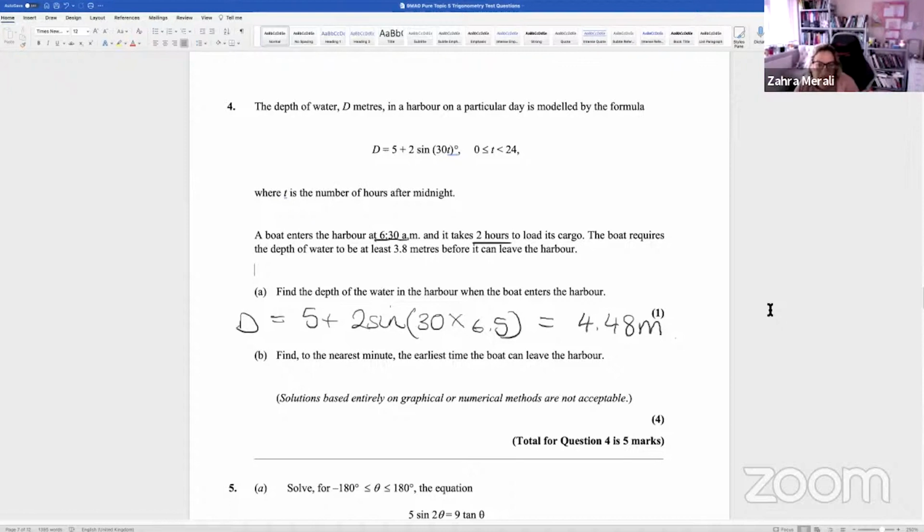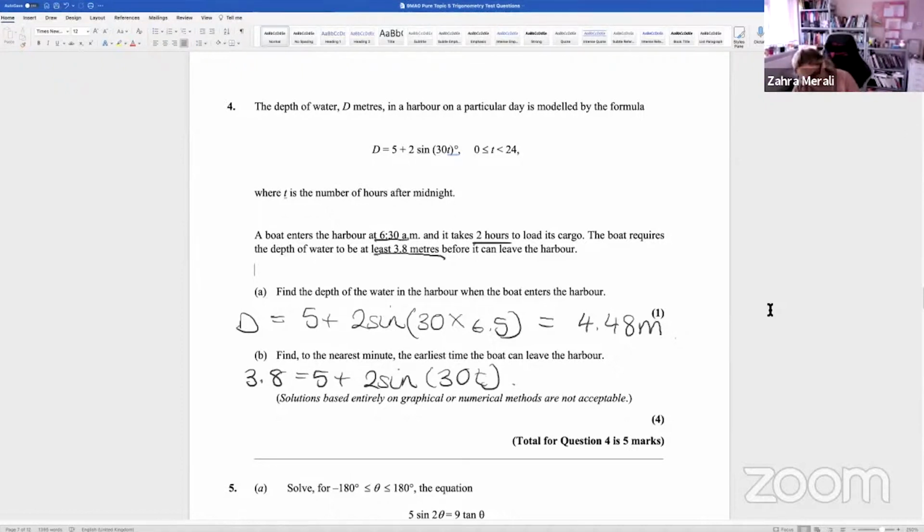And then it says, find, to the nearest minute, the earliest time the boat can leave the harbour. So the boat needs to leave the harbour when the depth is at least 3.8 and at least 2 hours after 6:30. Okay, so we're going to bear those two things in mind. So we're going to have 3.8 equals 5 plus 2 sine 30t.